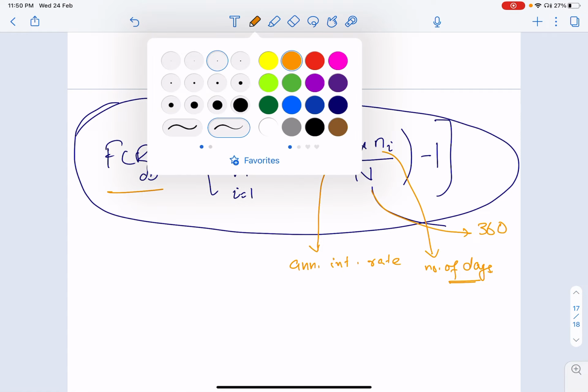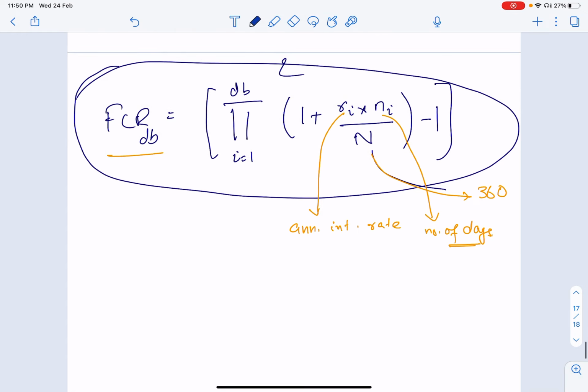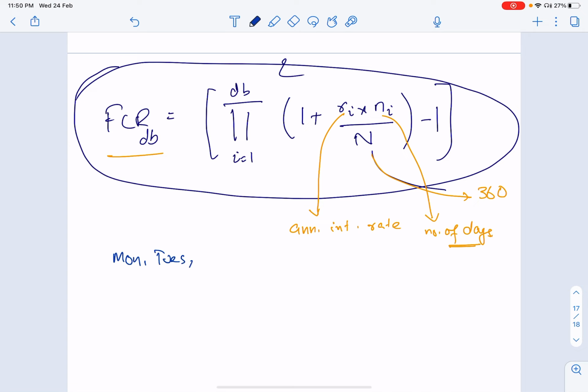So let's take a simple example. Let's assume that we want to expand this equation for 3 days, and those 3 days are, let's say, Monday, Tuesday, and Wednesday. For simplicity, I'm trying to avoid weekends or any holidays, just because the purpose of this presentation is to explain the concept.